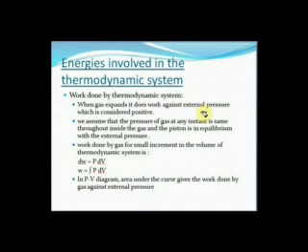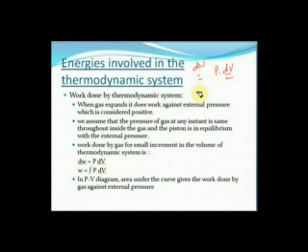So the work done by the gas for a small increment in the volume is given by dW, and it is given by P dV, where dV is the small increment in the volume and P is the pressure of the gas, which is in equilibrium with the outside pressure.